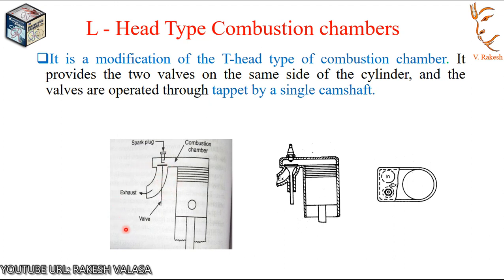This was first introduced by Ford Motor in 1910 to 1930 and was quite popular for some time. The design has an advantage both from the manufacturing and maintenance point of view.